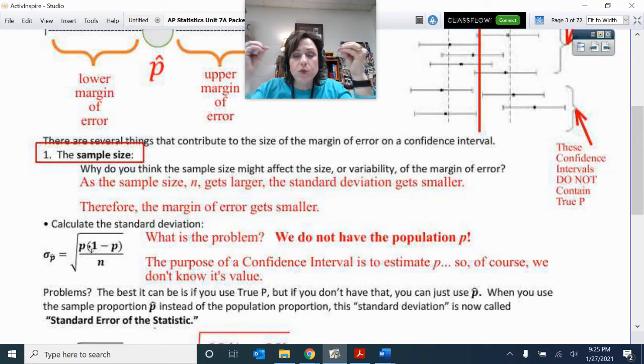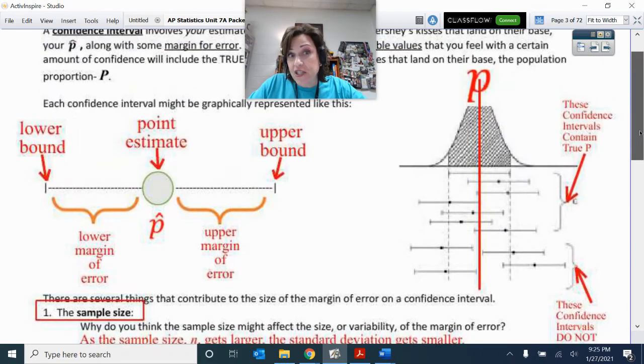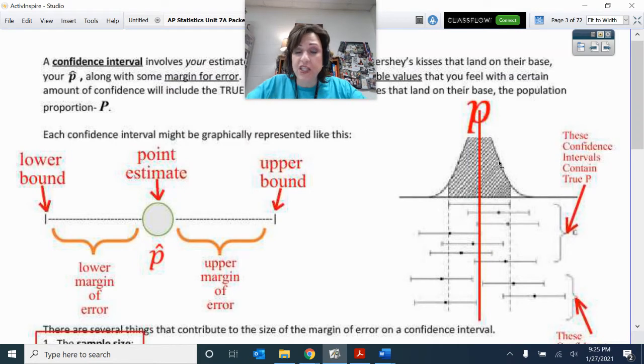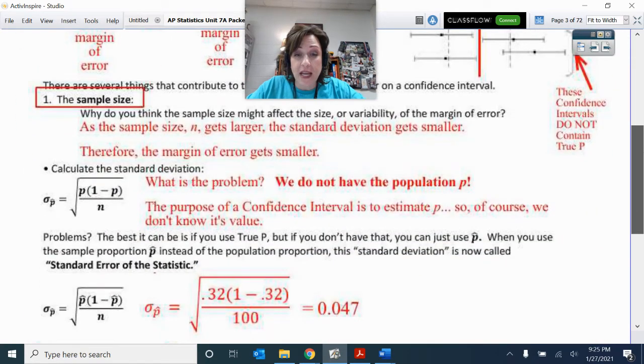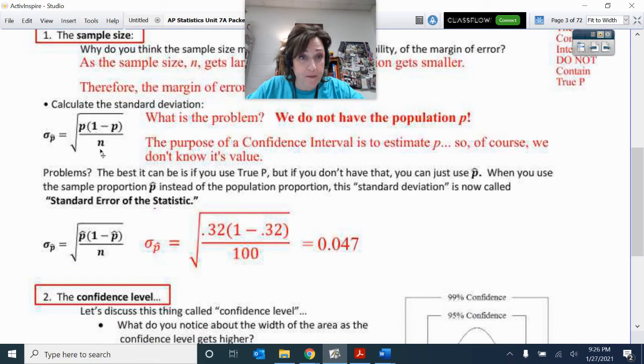No, we do not have true p, because the whole purpose of this activity is to estimate and find a potential location of this true p. So we don't have true p. If you do not have that, then you can estimate with your p hat.